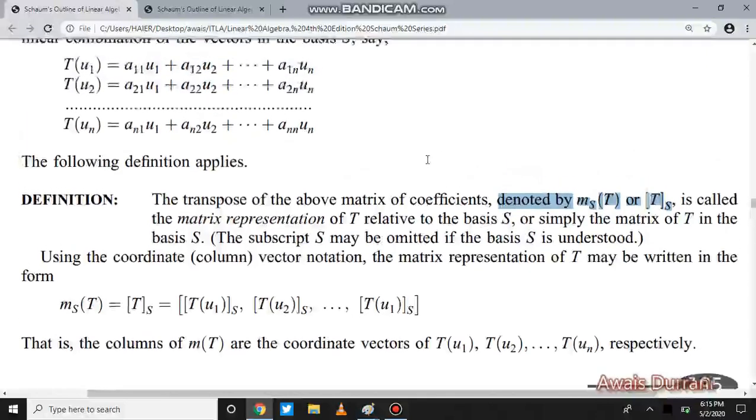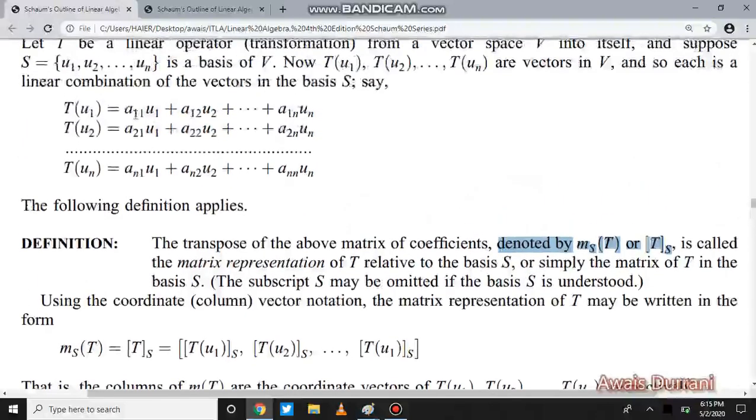If I write all these coefficients A11, A12 up to A1N, similarly A21, A22, only the coefficients, not the elements, and take their transpose, I mean A11, A12 up to A1N are written in the form of a column. Similarly, the next coefficients are written in the form of a second column, and similarly these coefficients are written in the form of the nth column, and this makes a matrix.